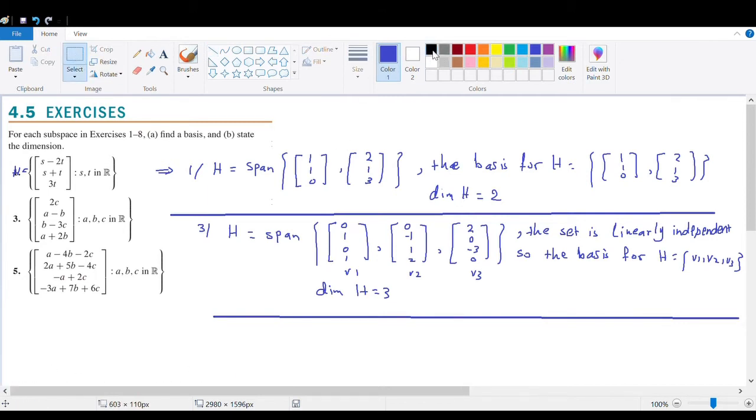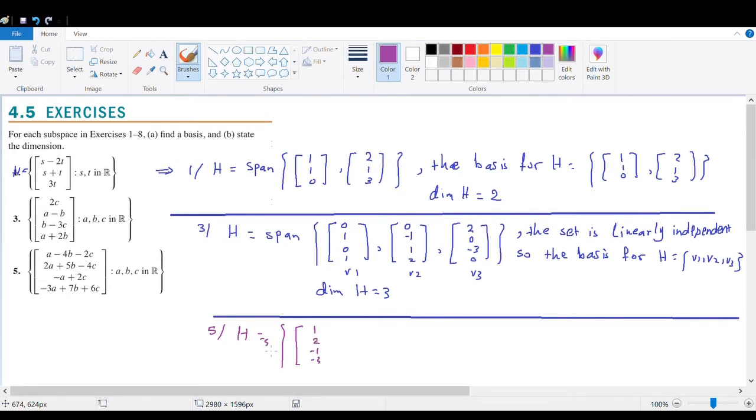So for 5 we can represent H, also taking the coefficients of A, B and C. The coefficients of A: 1, 2, minus 1, minus 3.